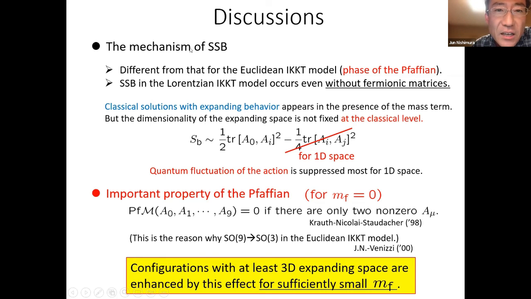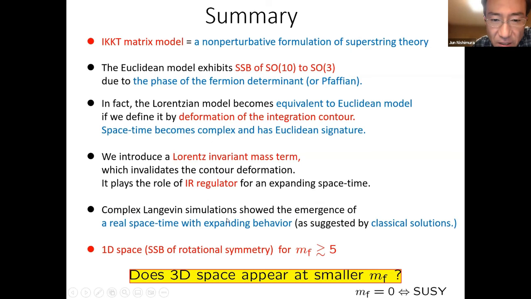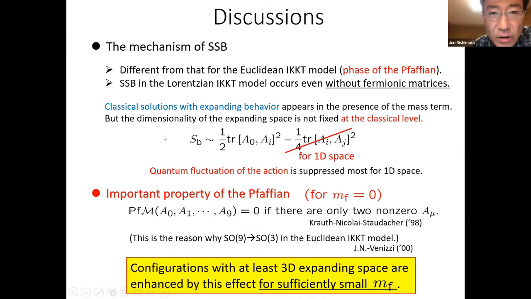I'll explain the mechanism of the SSB that we found here, namely the fact that we obtain one-dimensional space in the Lorentzian IKKT model. Let me first remind you that the mechanism is obviously different from that for the Euclidean IKKT model, which, as I explained, is due to the phase of the Pfaffian, because the SSB in the Lorentzian IKKT model actually occurs even without fermionic matrices, so definitely the mechanism is different.